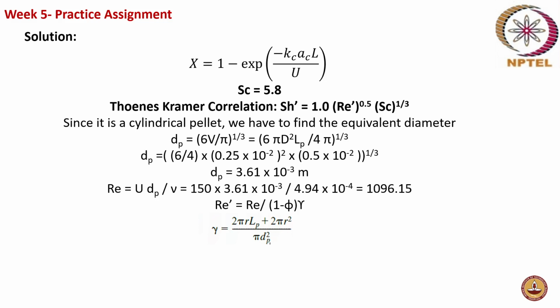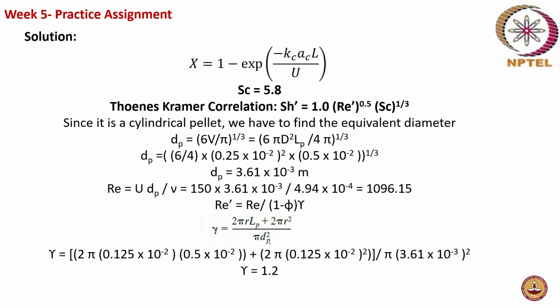So gamma is equal to 2 pi RL, that is your curved surface area of the cylinder, plus your surface area of the edges, which are circles, right? So plus 2 pi r square. So 2 pi RL plus 2 pi r square divided by pi d square. So we have all the terms.